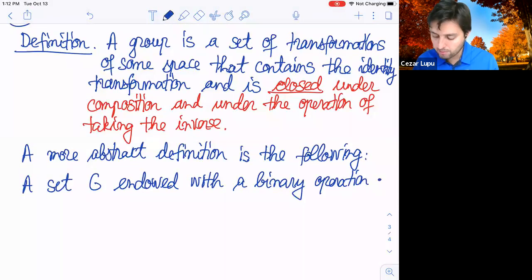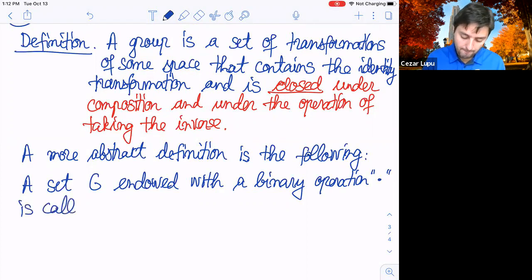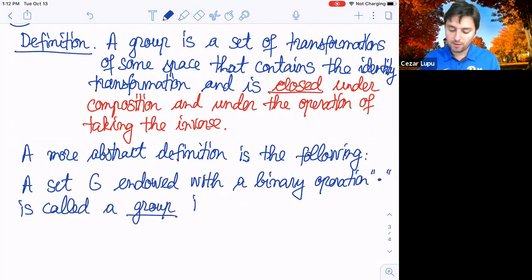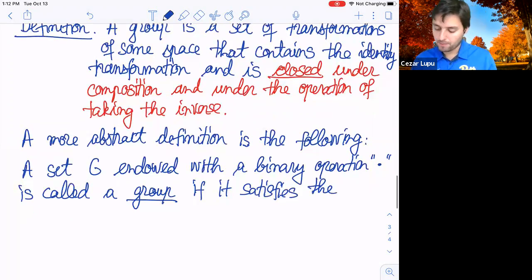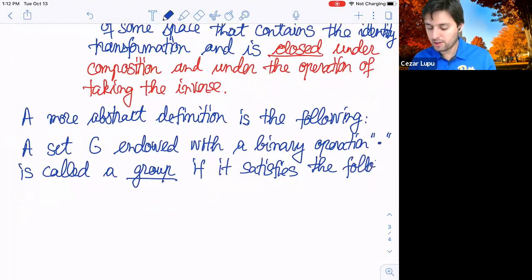I will denote this binary operation by the dot this time, because I don't want to deal with the star. It is called a group if it satisfies the following axioms. And you will see that all those properties of binary operations that I gave you at the beginning must be satisfied by the group.